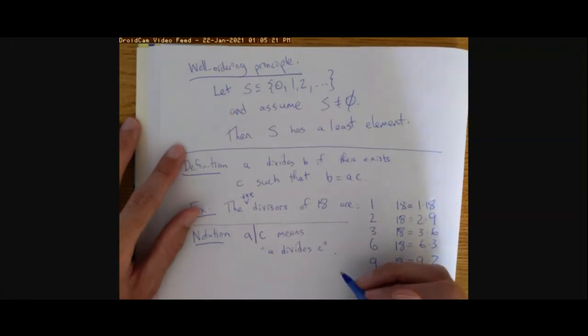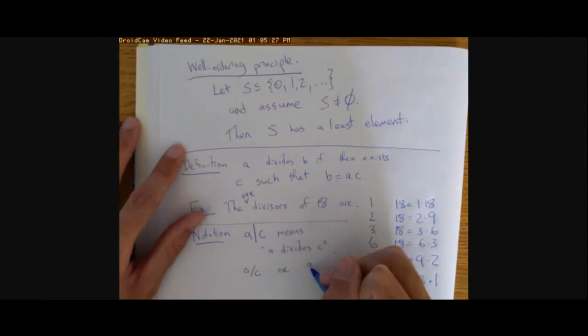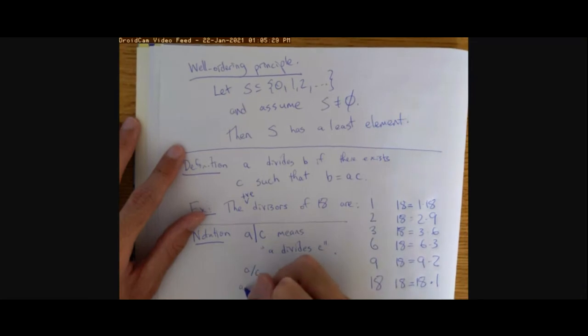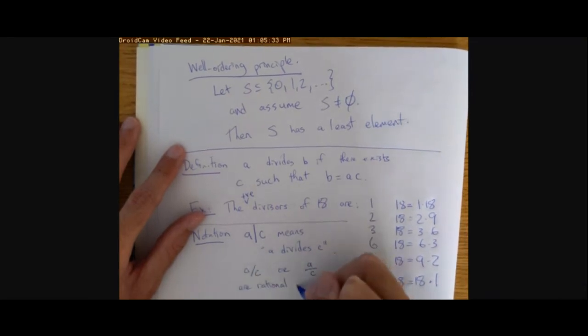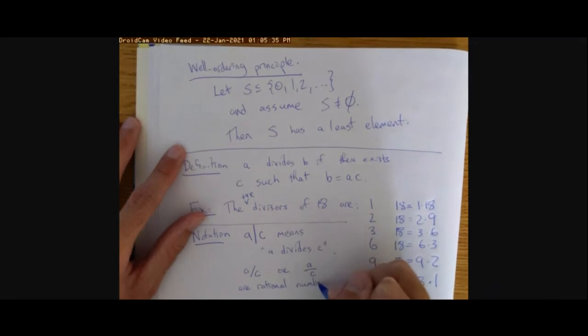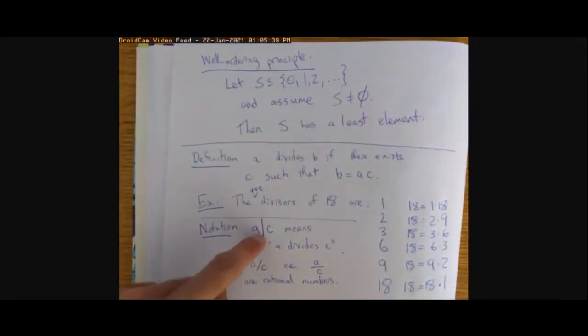If I want to write the rational number A over C, these are rational numbers, different than this.